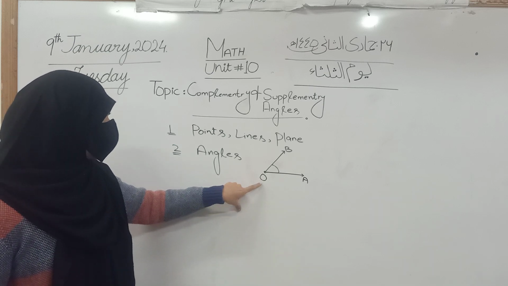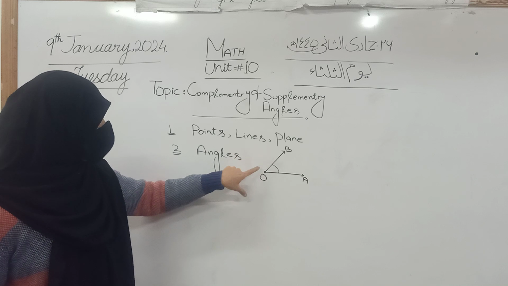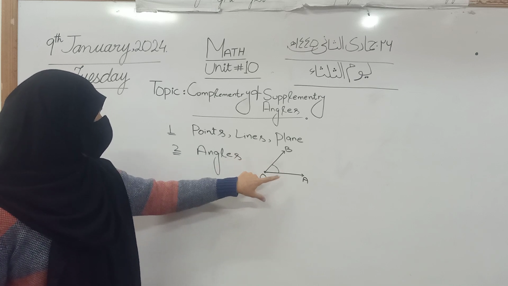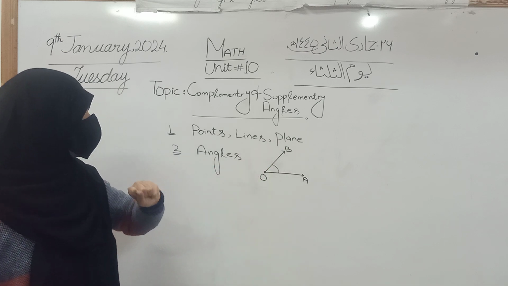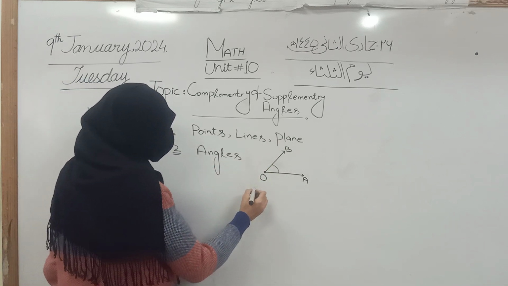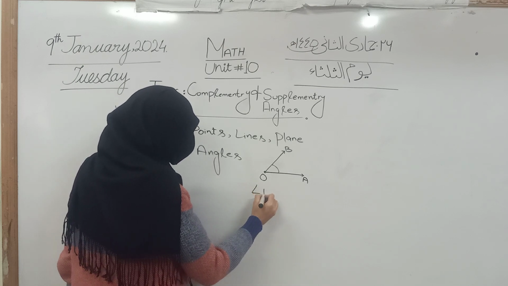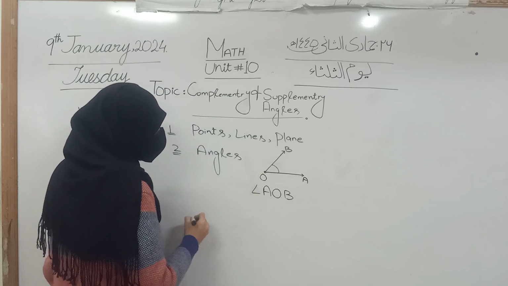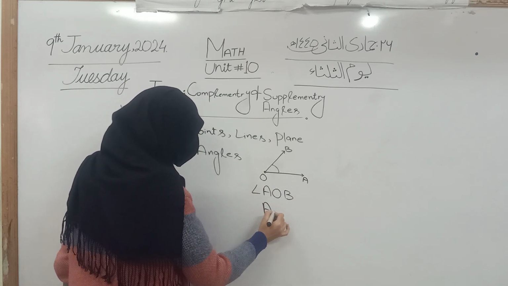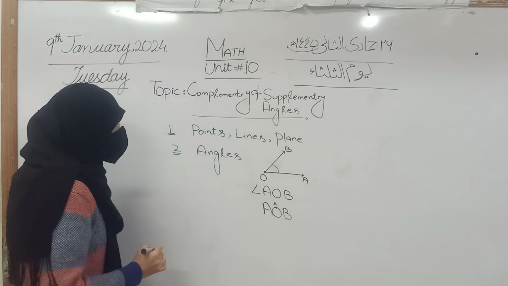You can give any name to your common vertex. If they are sharing a common vertex, the figure formed will be known as an angle. You will write this sign for angle, angle AOB. Also you can write angle AOB with the hat on O.